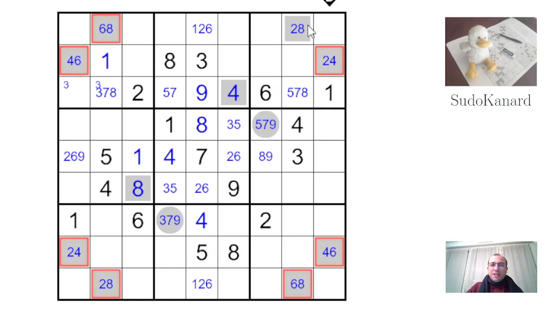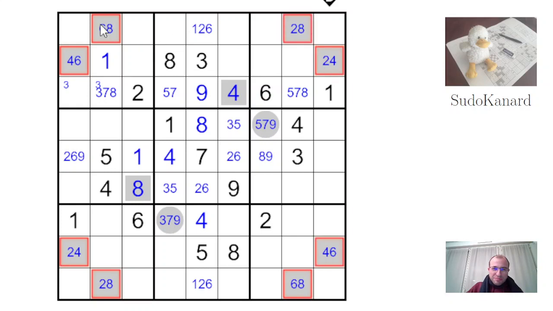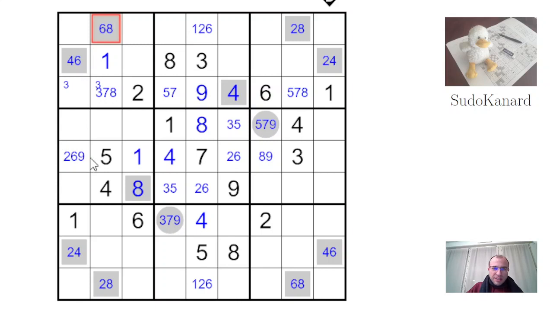Those cells, they are located in such a way that there's something really, really suspicious about this. So what is the suspicion? Well, we have bi-values, and they seem to form some kind of rings. And rings, they do form indeed.